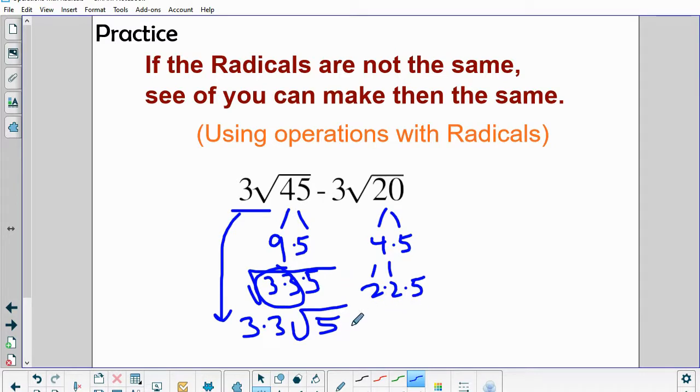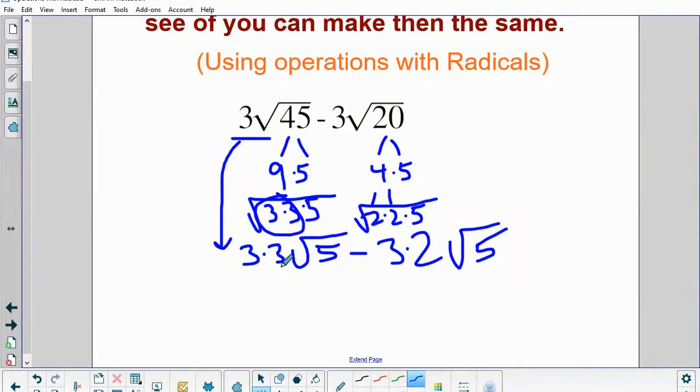And then we're going to have minus 3 times 2, because one of these 2's is going to come out of the radical sign and be out front. And then what's going to be left over is just a 5 inside. All right, so 3 times 3 is 9.